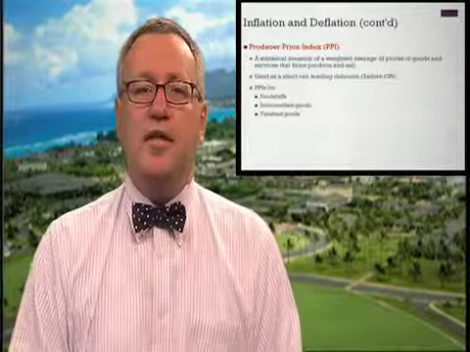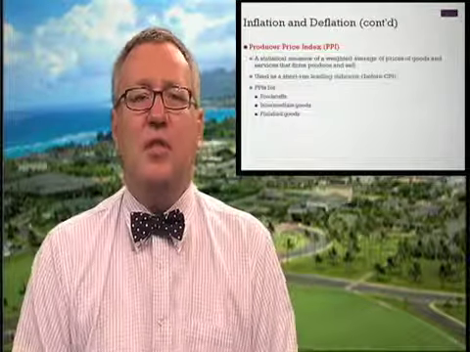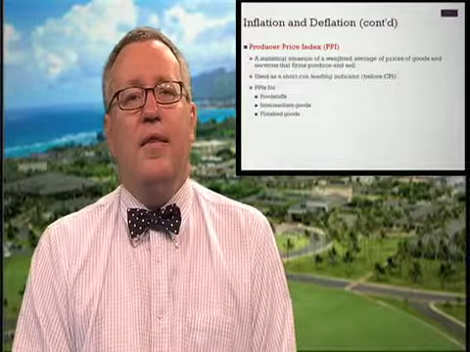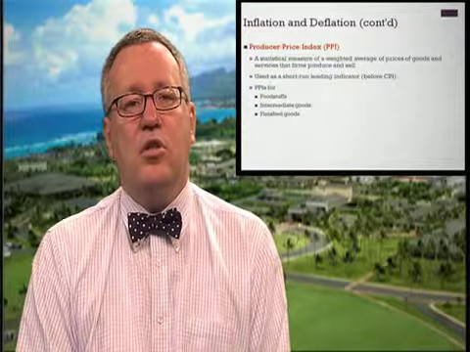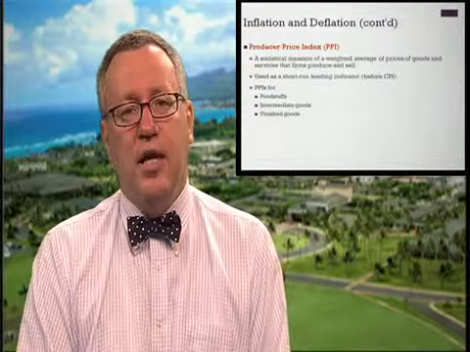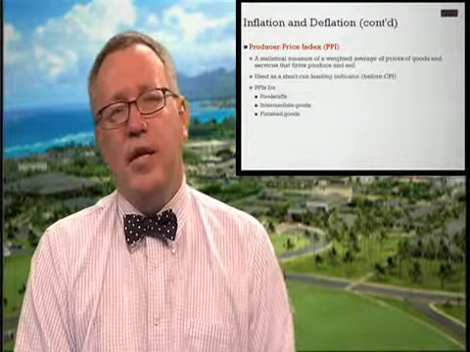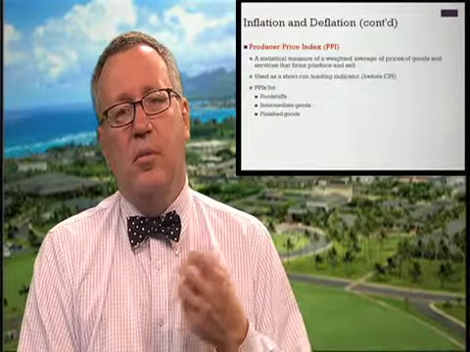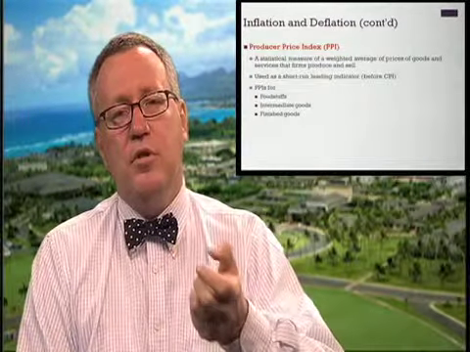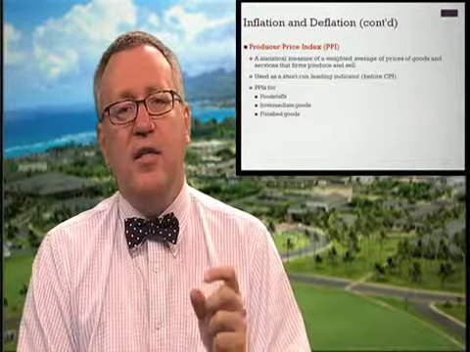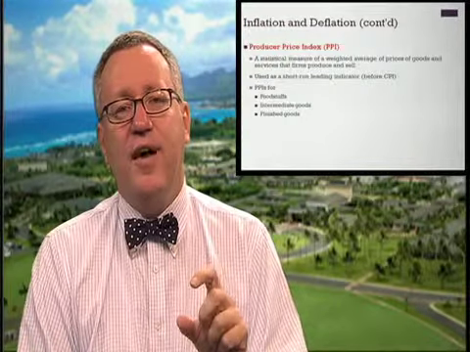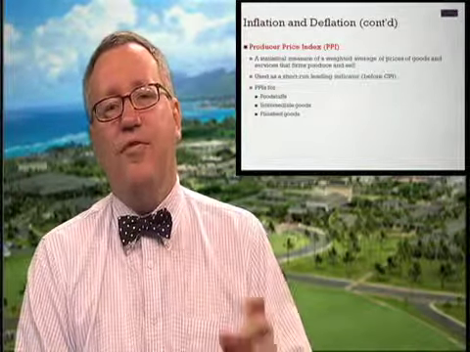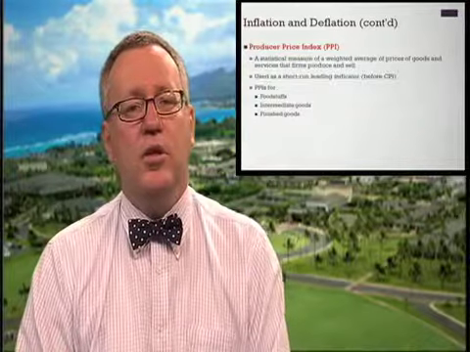The Producer Price Index is interesting because it's meant to measure the weighted average of prices of goods and services that firms produce and sell. So when you think about it, we as consumers buy our products from producers. So the Producer Price Index is meant to identify inflation before it gets to consumers.